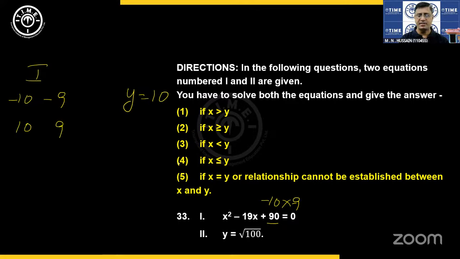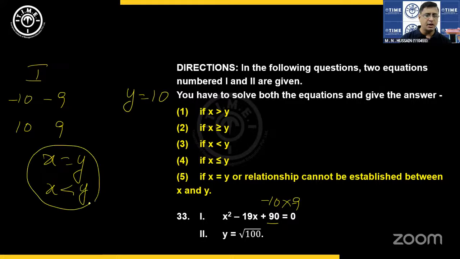Now compare: 10 and 10 are equal, means x and y are equal. And 9 is less than 10, means x is less than y. Combining these two, x less or equal to y. That is option number 4. Fourth choice is the right answer.